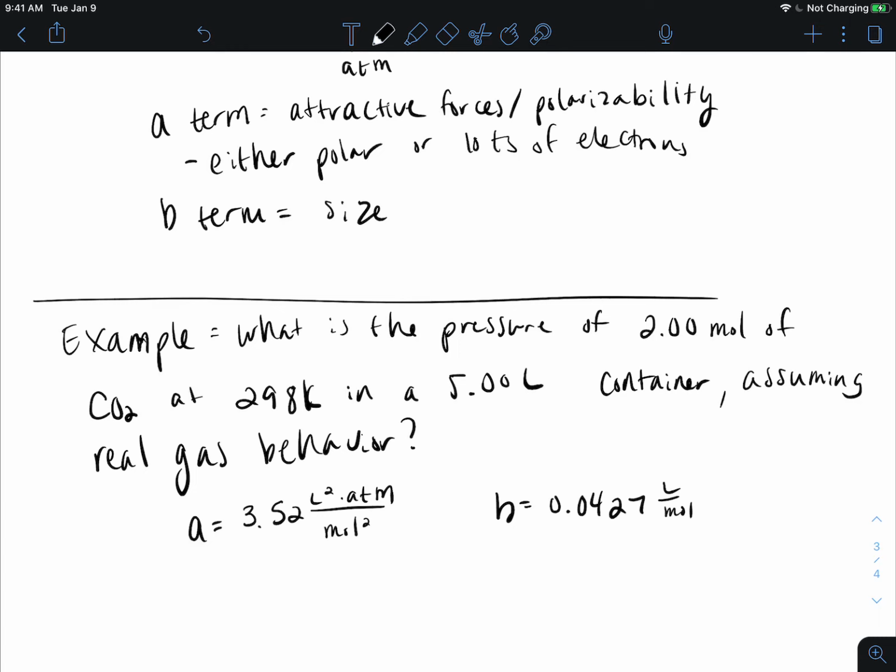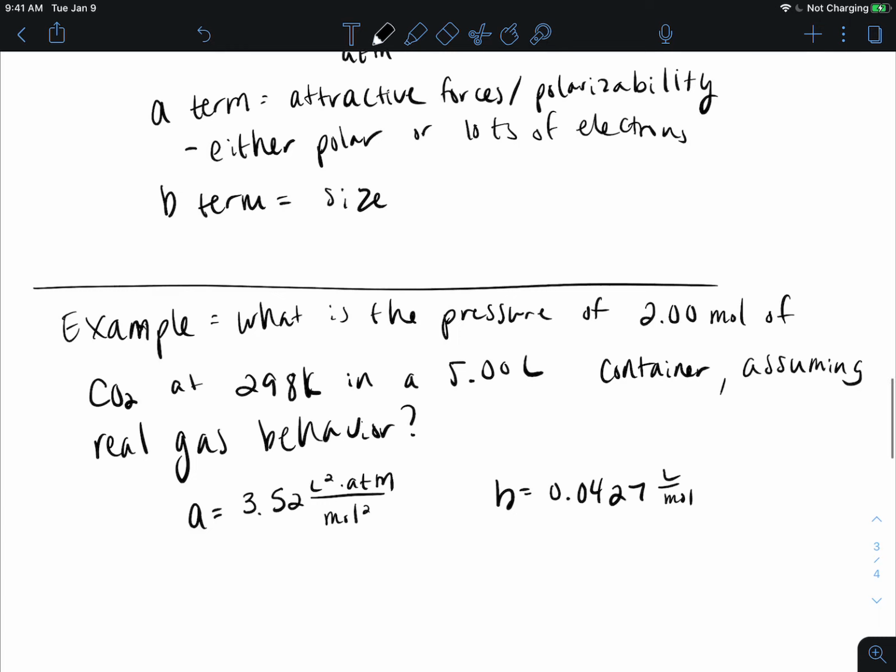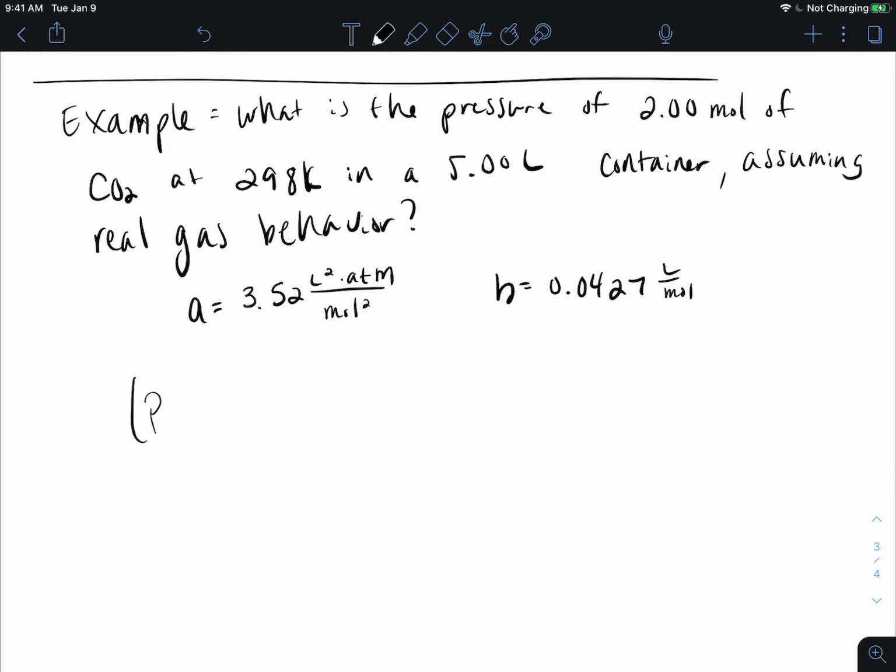Now it's just a question of plugging and chugging. So we have pressure plus our number of moles, 2.00 moles, squared, times our a term, 3.52 liters squared times atmospheres over moles squared, divided by our volume, 5.00 liters, and square that as well.